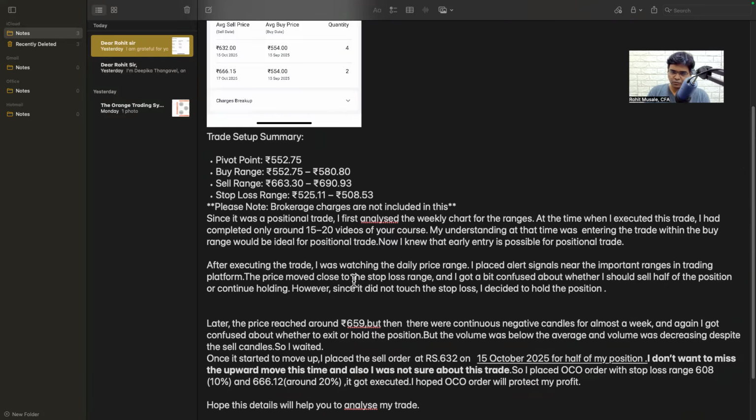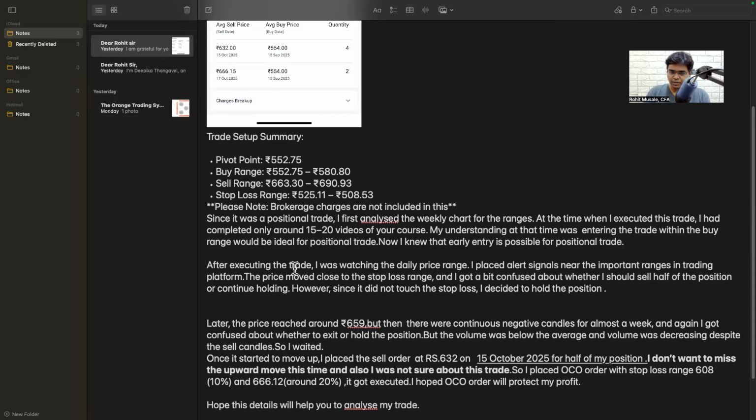The price moved close to the stop loss range and I got a bit confused about whether I should sell half of the position or continue holding. This is what I was telling you. Just because you place an alert does not mean that you know what to do when the alert gets hit. So the confusion comes when you don't know what to do when the alert gets hit.